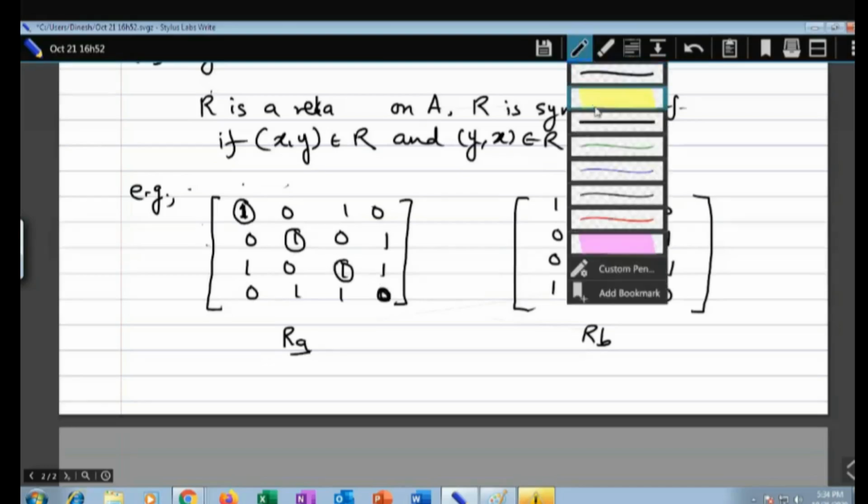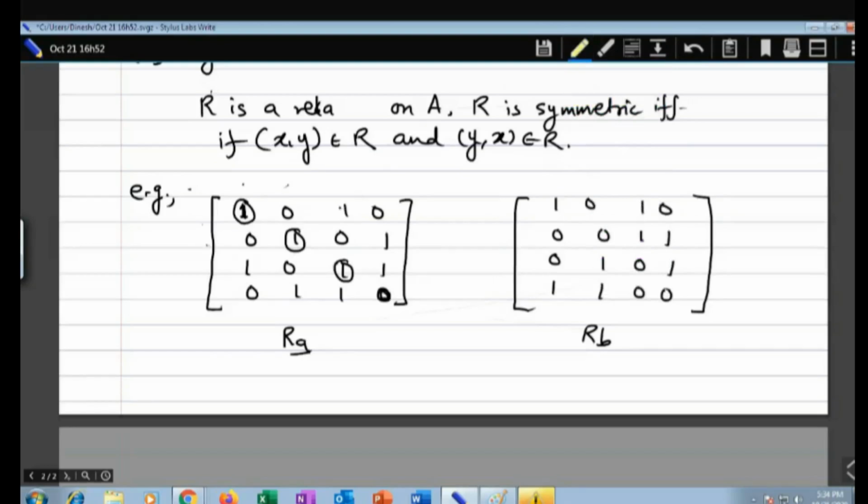Now for the element (1,3), (3,1) is present. Are you getting me? And for (2,4), (4,2) is present.